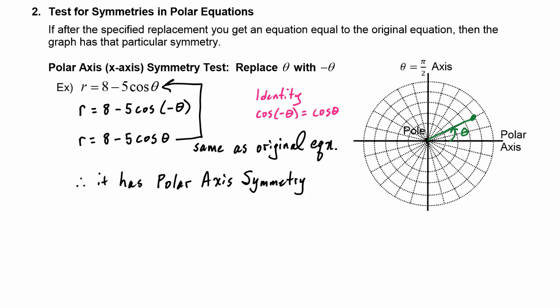So what that tells us is this would fold over the polar axis, and it would line up right here, and we would have the equivalent point at negative theta. So theta and negative theta, these two would line right up on each other if we folded it over the polar axis.